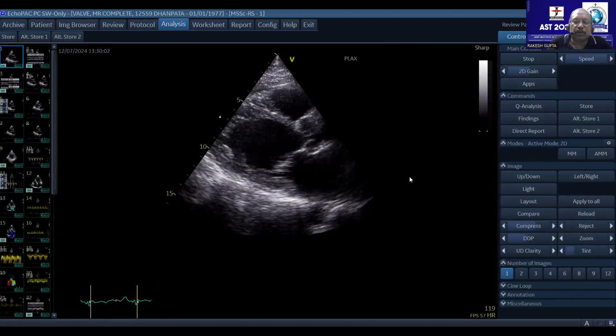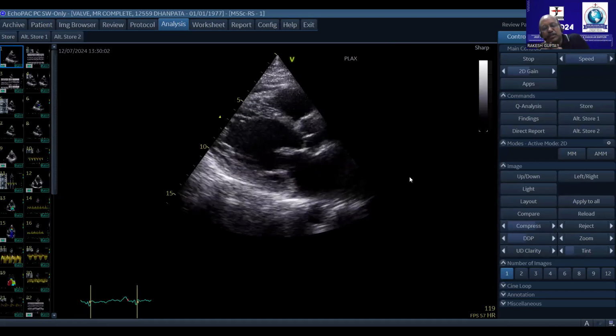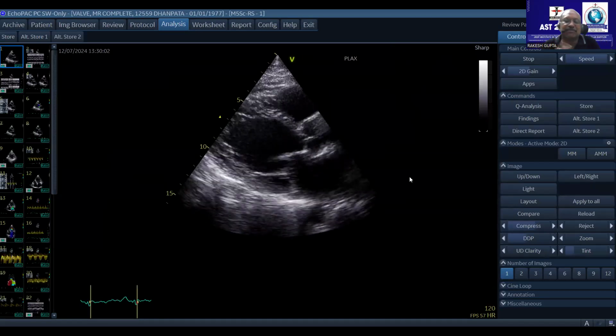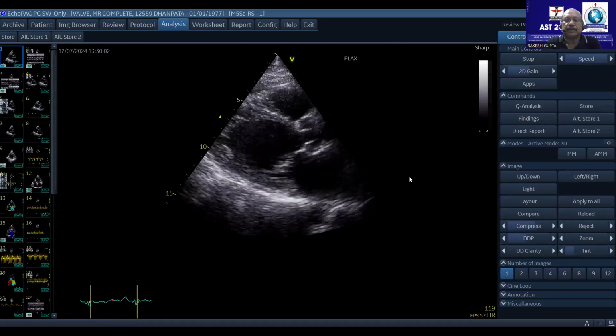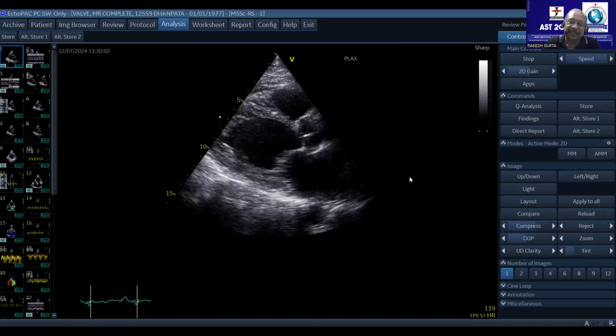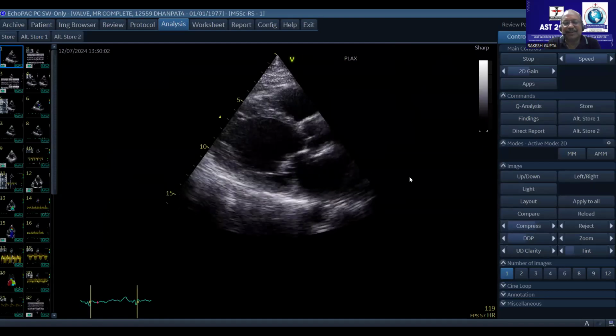What is the most common thing you see in echo for a severe mitral regurgitation? Anybody? Dilated LV. Dilated LA. Dilated LV.